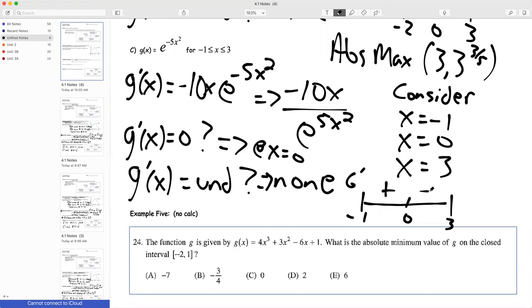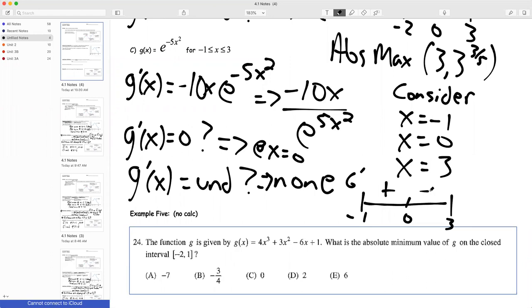And so I know from my sign chart that 0 is a maximum, right? Because it's increasing, then it's decreasing, goes up, then it goes down. So 0 has to be a max. I'm not quite sure if it's the absolute max, however, okay?